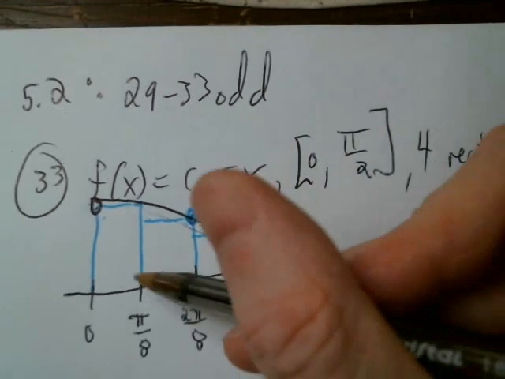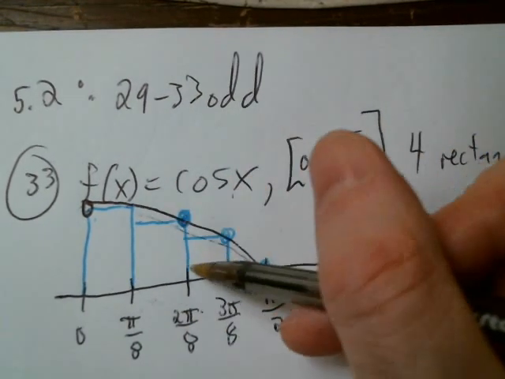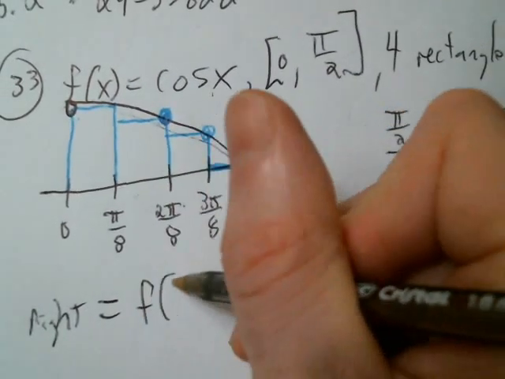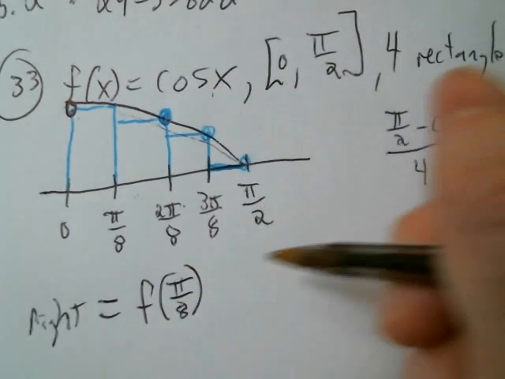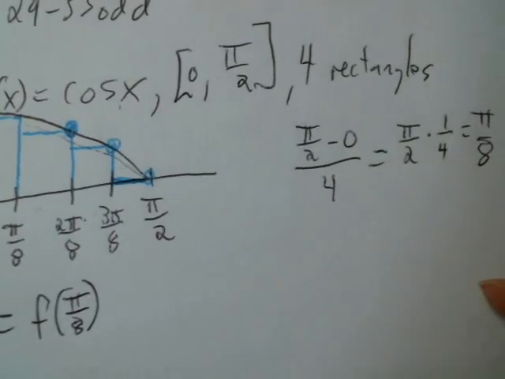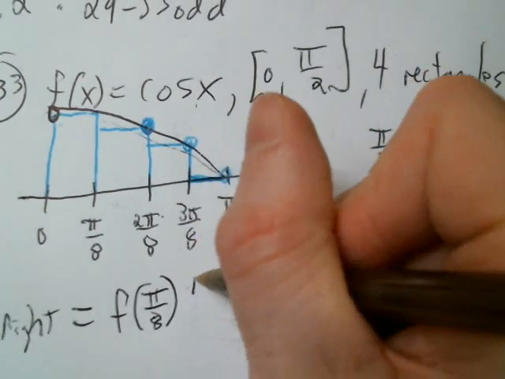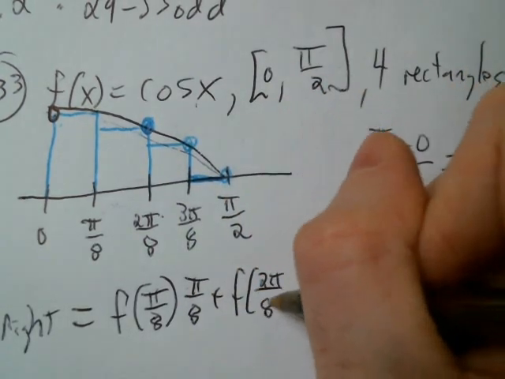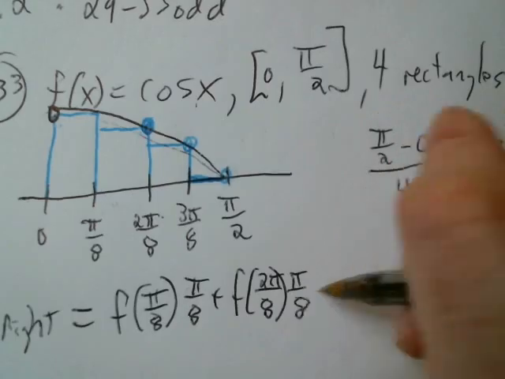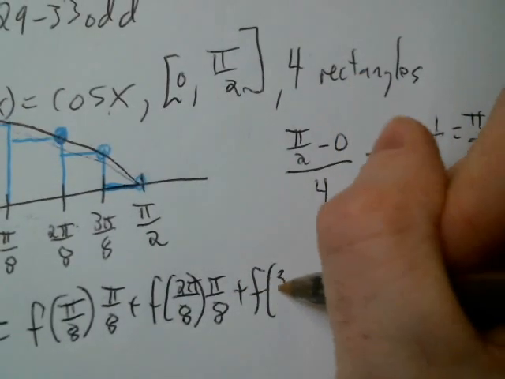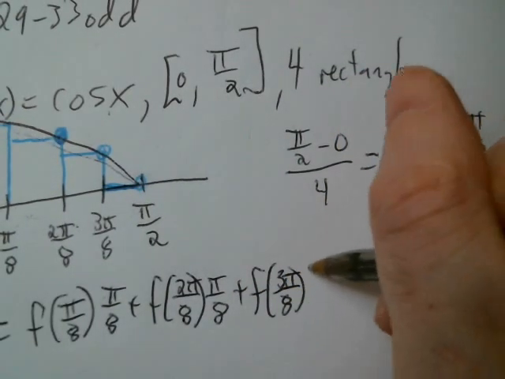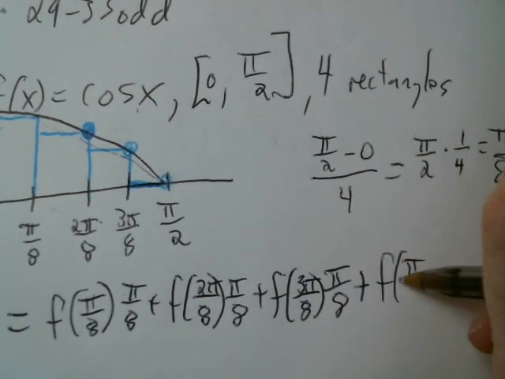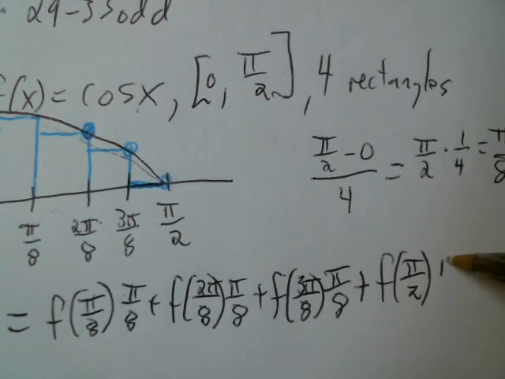So using the right endpoints, you should have 4 terms in your sum. Okay, so you'll have f of pi over 8 times pi over 8 plus f of 2 pi over 8 times pi over 8 plus f of 3 pi over 8 times pi over 8 plus f of pi over 2, which will be 0, times pi over 8.